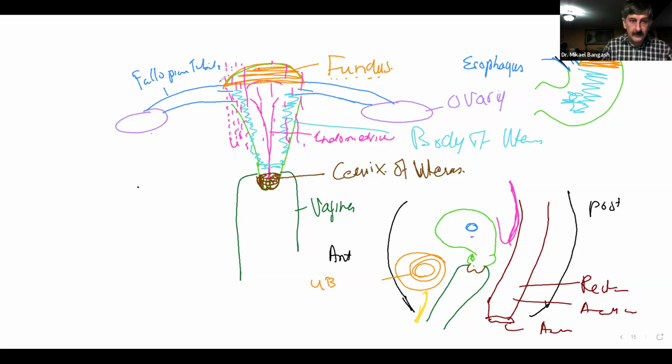Even down on this side, it's still going to run behind the fallopian tubes and make a U-turn. So even here, it's also going to run and make a U-turn.